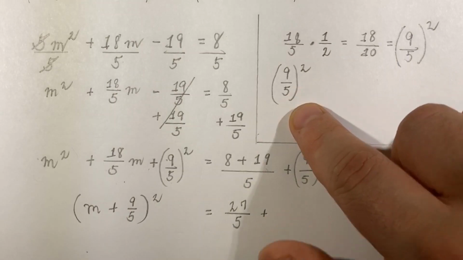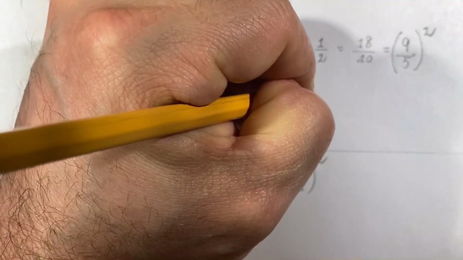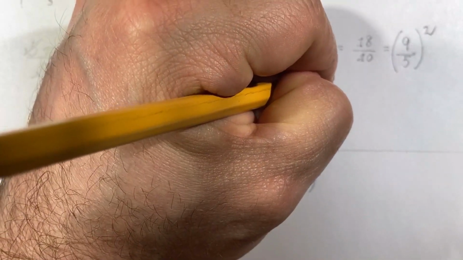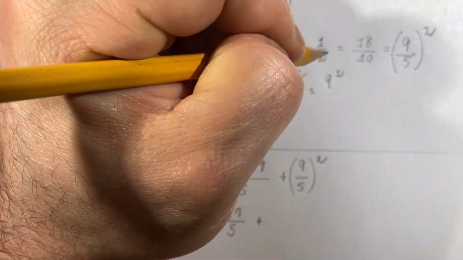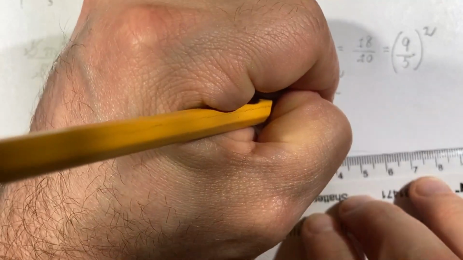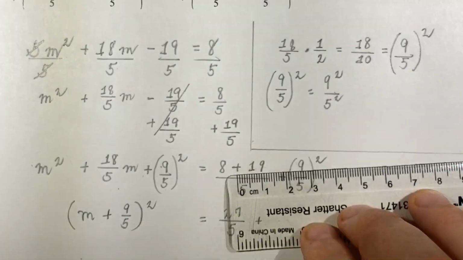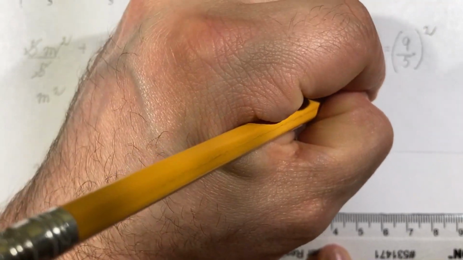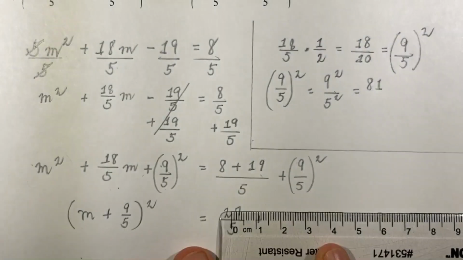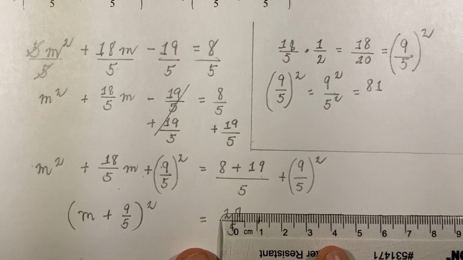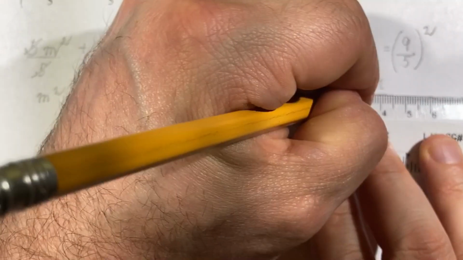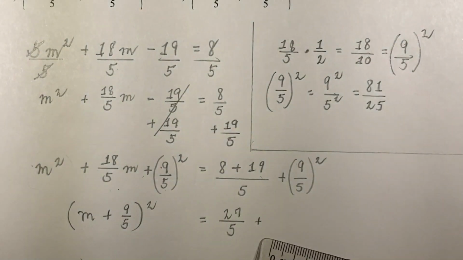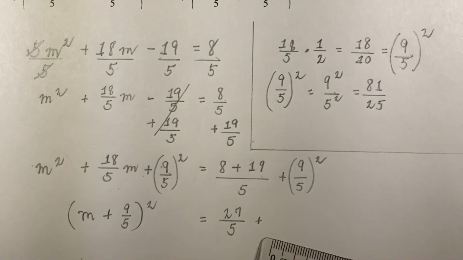When you square a fraction, you actually distribute that squared term to the numerator and denominator. And so it's 9 squared over 5 squared. Well, 9 times 9, 9 squared is 81. And 5 squared is 5 times 5, which is 25. And so we actually have 81 25ths. And that's what 9/5 squared is.